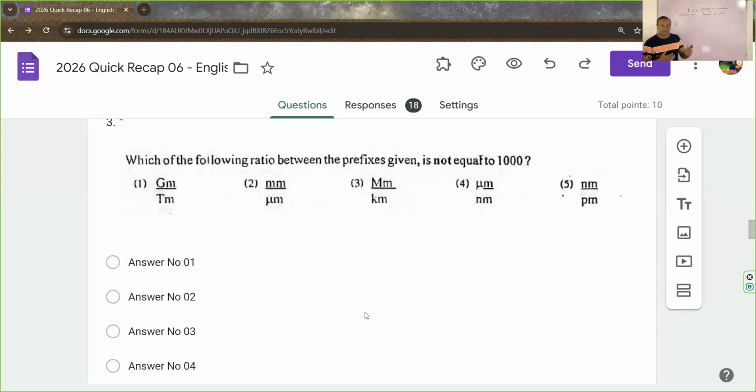You don't need to calculate that, but it should be 10 to the power minus something. If you know tera is higher than giga, then you don't need to calculate anything, because it gives a minus power.